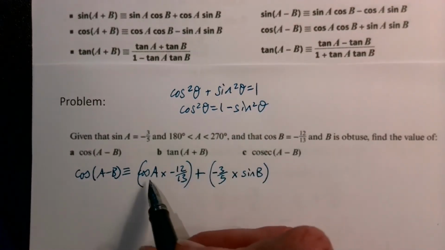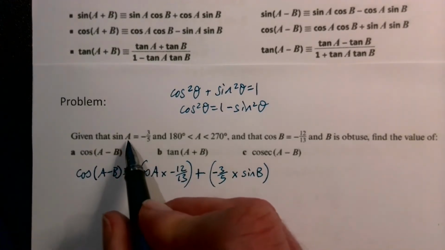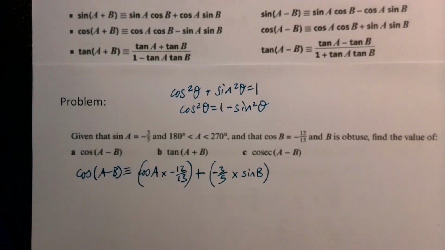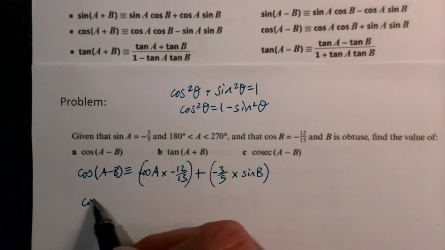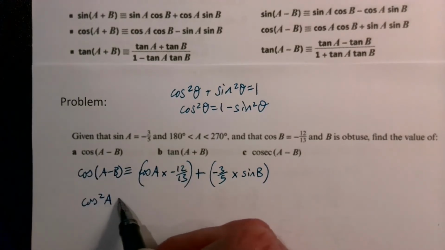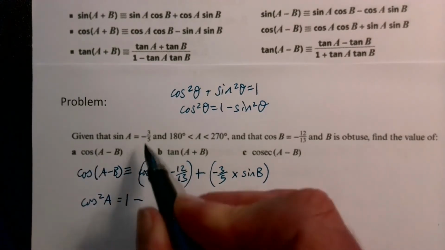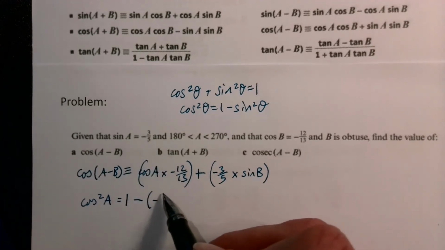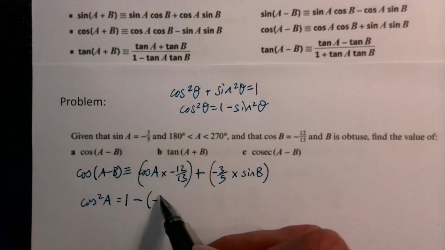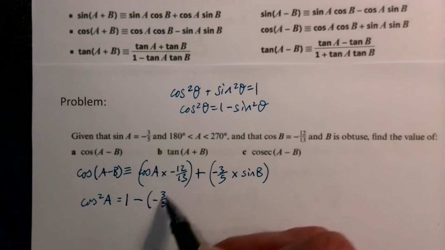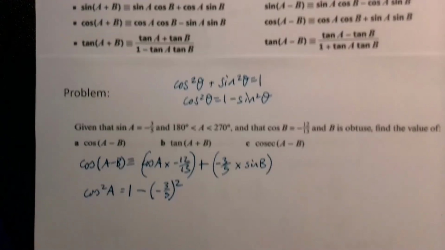So if I'm looking for cos A, I know that sine A is that. So I'm going to say cos squared A is going to be 1 take sine squared A, and we know that sine A is negative 3/5.